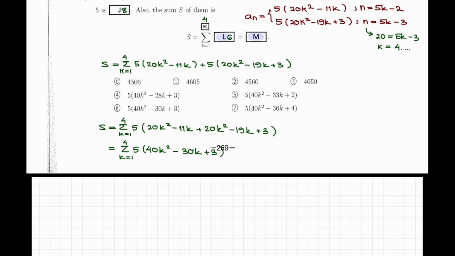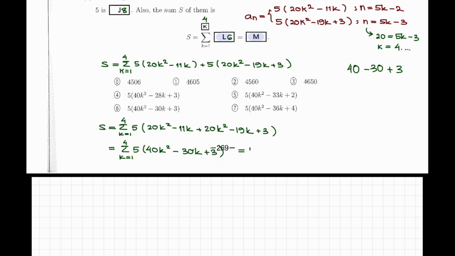And then the sum for k equals 1 until k equals 4 of this expression is equal to... Since we need to add only 4 terms, I think we can do it manually. If I substitute k by 1, then I will obtain 40 minus 30 plus 3, which is 13.